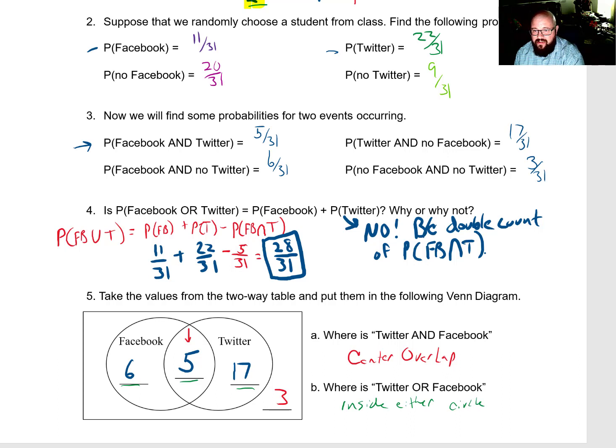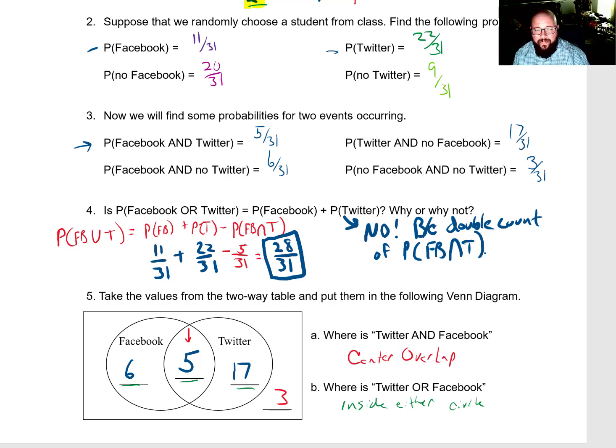And you should be able to see that. You should be able to get 6 plus 5 plus 17, and that should give us our value of 28 over 31. So if you're able to draw this Venn diagram out, it should make perfect sense going forward.